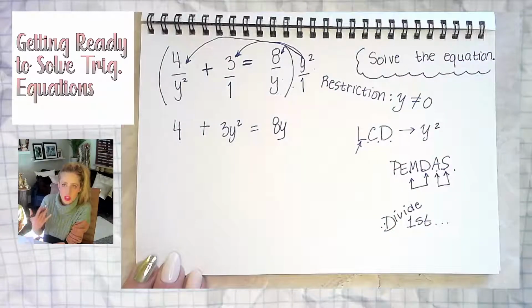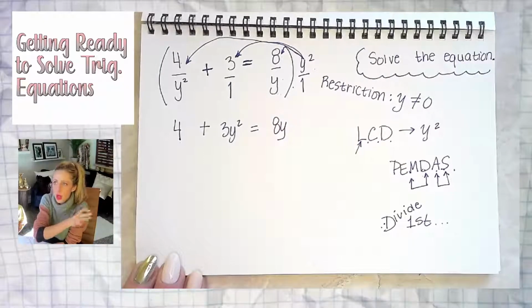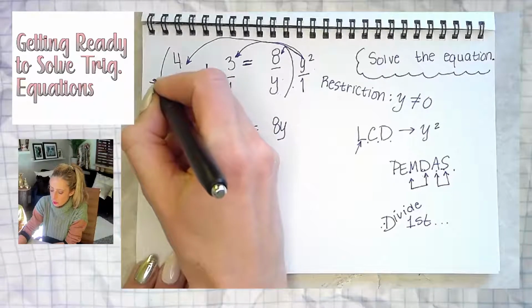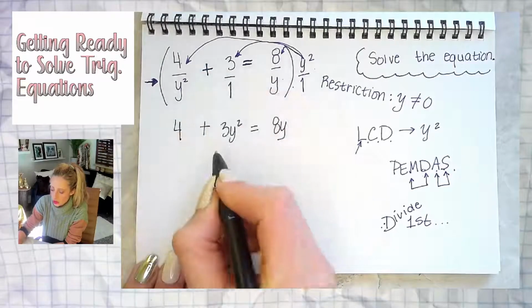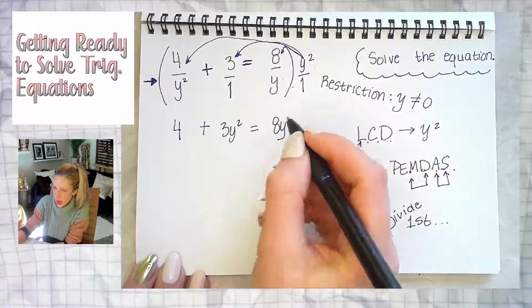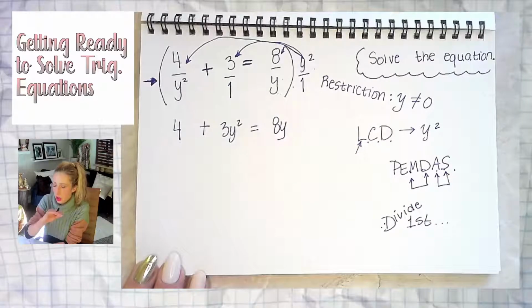Now, Logan mentioned bringing this over to this side. We could have done that first and gotten it equal to 0, because when we were reviewing solving polynomial equations, that's what we did. We said we want to get it equal to 0 and then factor. But look how this scary looking rational equation turned into a quadratic equation. We're going to subtract that 8y. I'm also going to put it in standard form, descending exponent order.